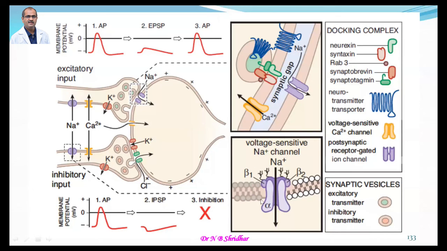As the voltage fluctuation occurs, the sodium channel is going to open, and the excitatory synaptic vesicles contain the neurotransmitter, while the inhibitory ones contain certain inhibitory neurotransmitters. So this is a picture showing the action potential propagation inside a nerve terminal.